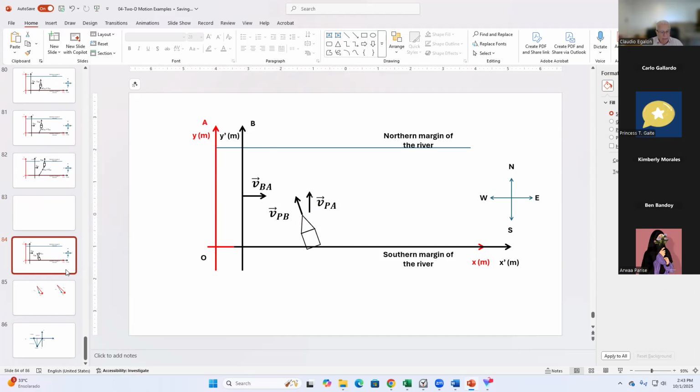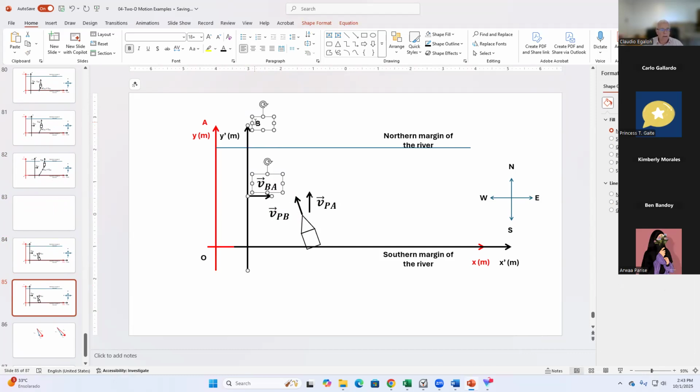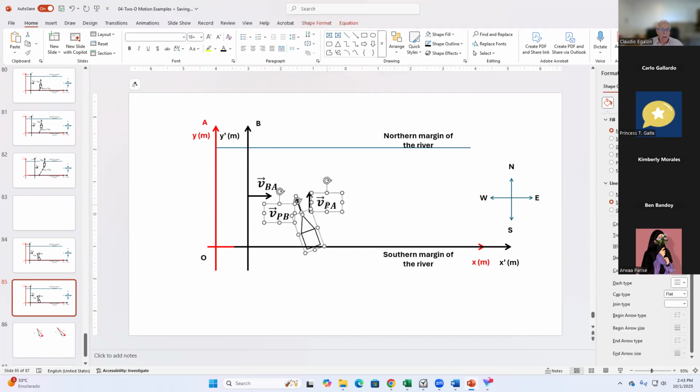A little bit later, your referential is moved a little bit to the right, right? Here you go, like that. Good.